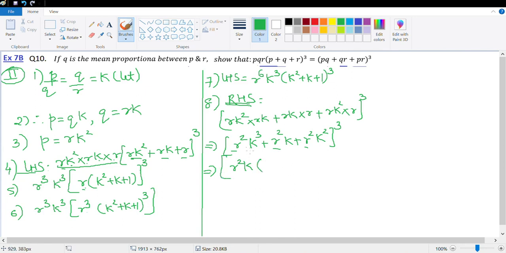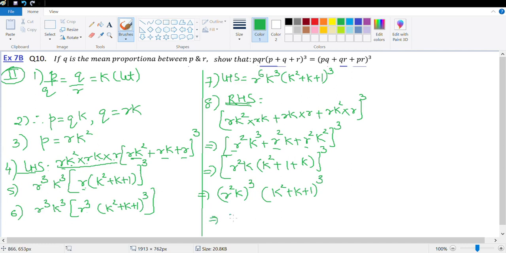If I take R square K out, what remains from the first term is K square. What remains from this term is 1. What remains from this term is K. And everything to the power 3. So this is R square K to the power 3 and K square plus K plus 1 to the power 3. This is R to the power 2 into 3.